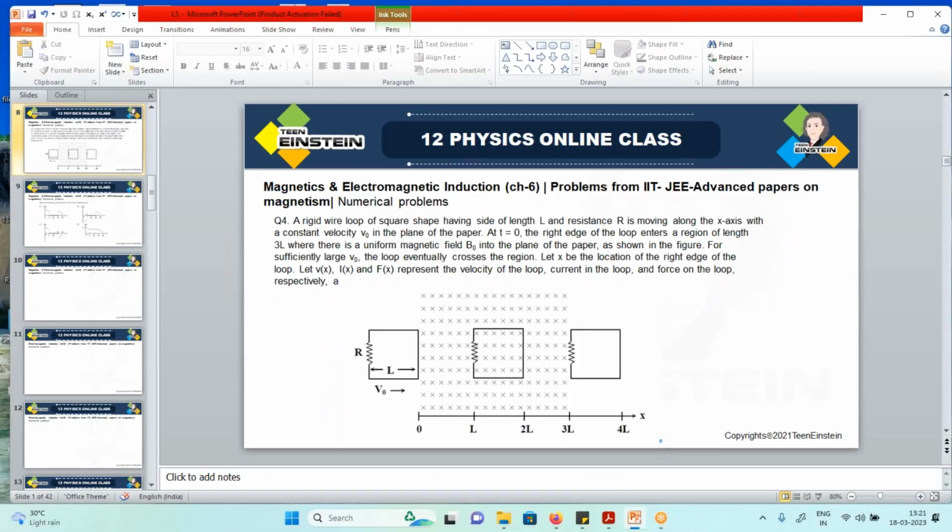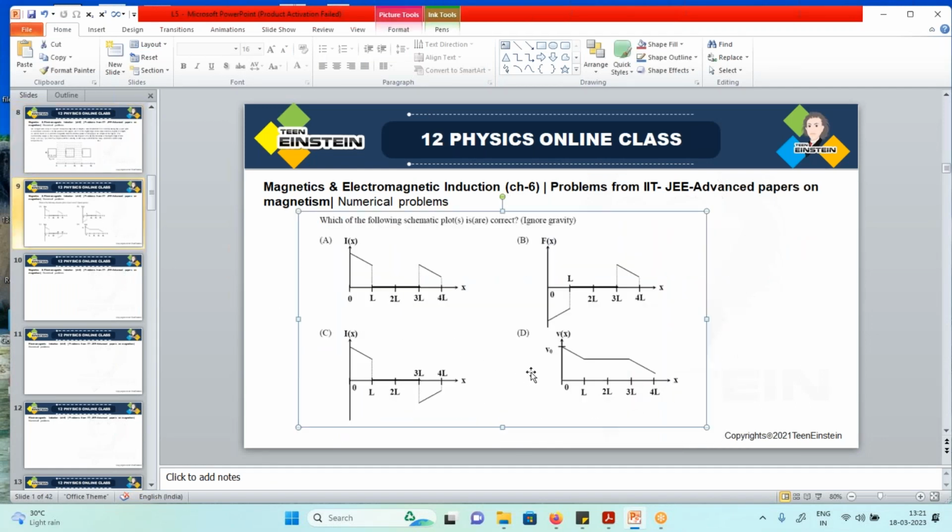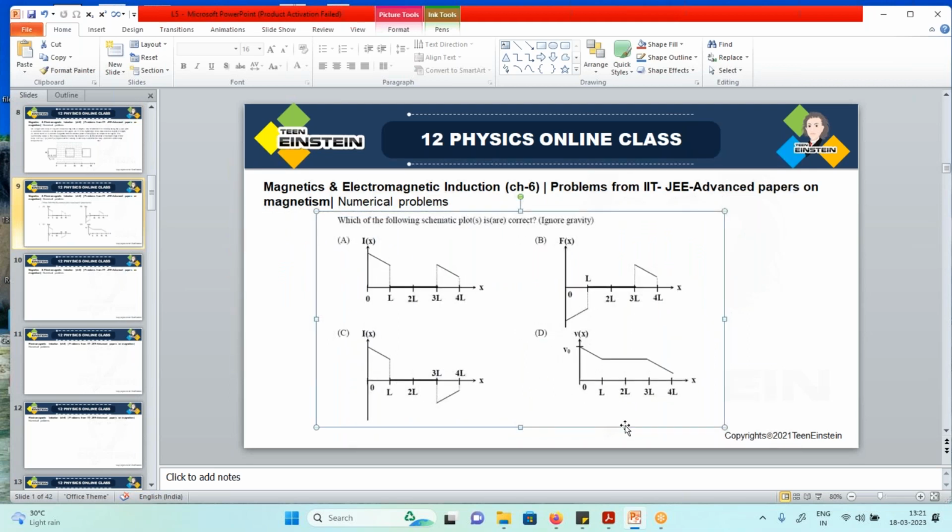This is from the induction part. So we have already solved two problems from magnetics. Let us solve this problem from induction today.